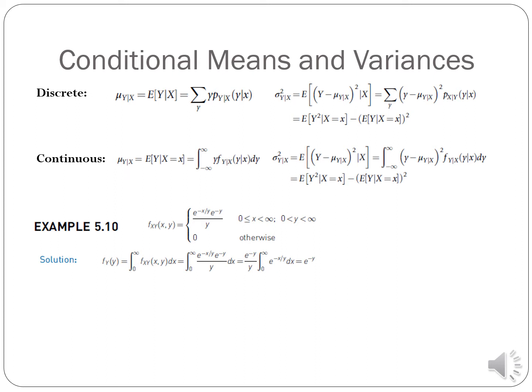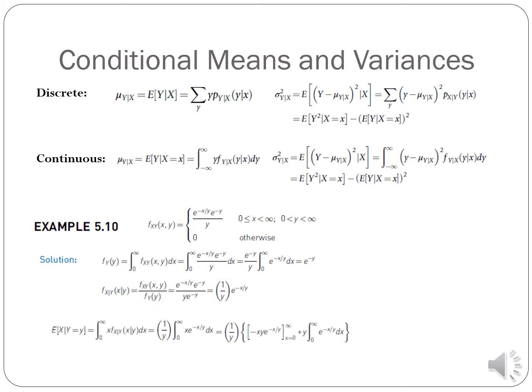So we are going to find the marginal PDF, which is fy is equal to something like e to the power minus y, and then we can find fx oblique y by dividing the joint PDF with fy. So this is it, and then we can find the conditional mean of x for a given y like this.